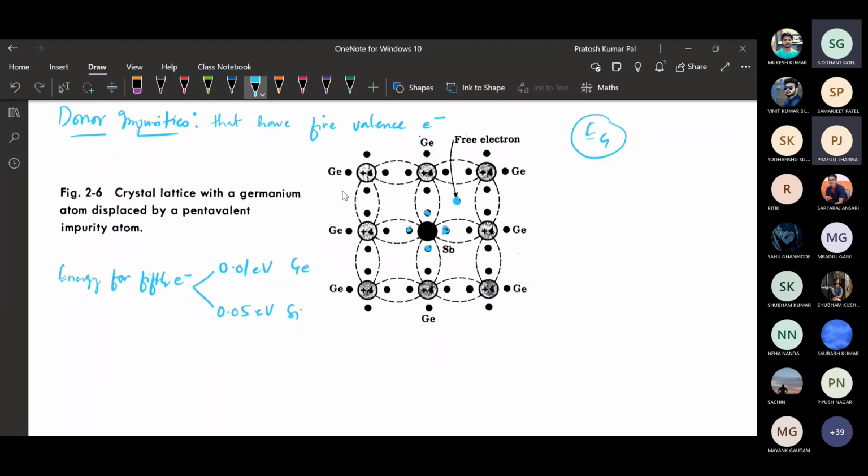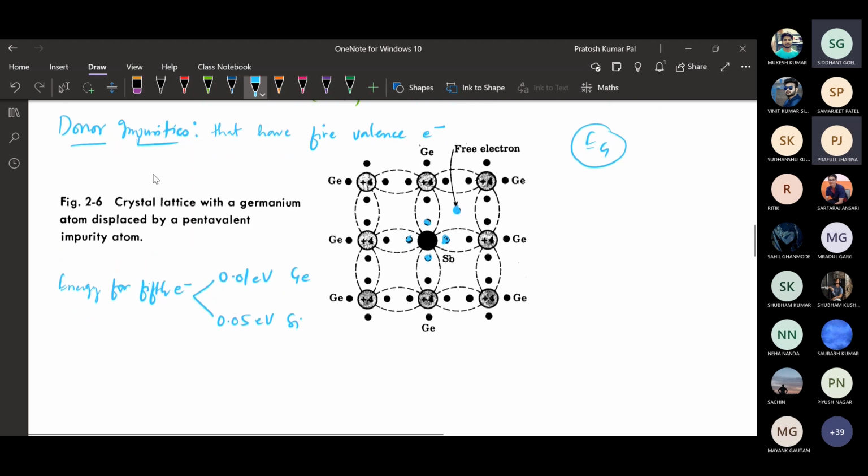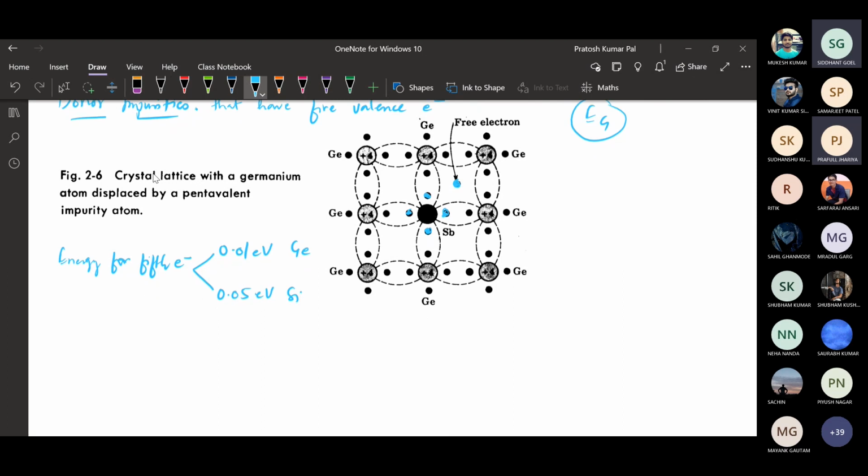So this is how the impurity has increased the conductivity, by providing an extra free electron. If we add pentavalent type of doping, whatever type of semiconductor is formed will be considered an n-type semiconductor. Why is it n-type?